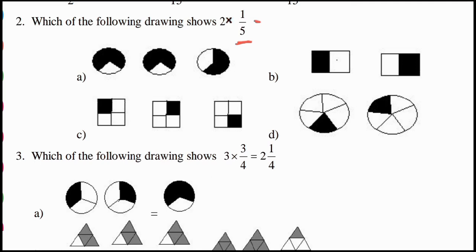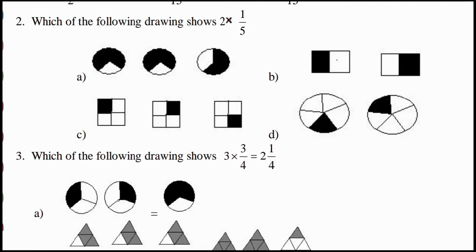So we can say that in D this figure shows 1 upon 5. One part is shaded and total parts are 5. This figure should be 2 times. So in option D this figure is 2 times. So the correct answer is D.